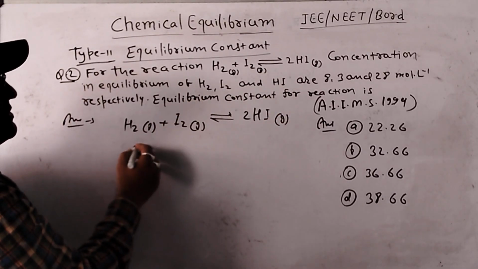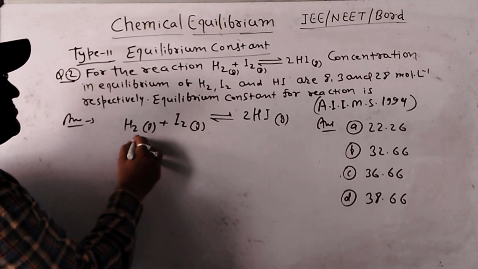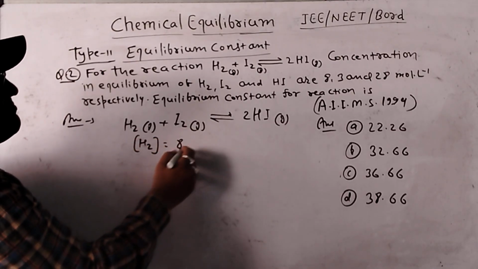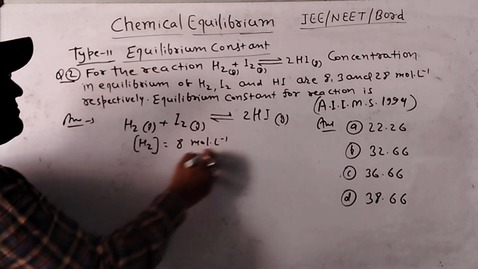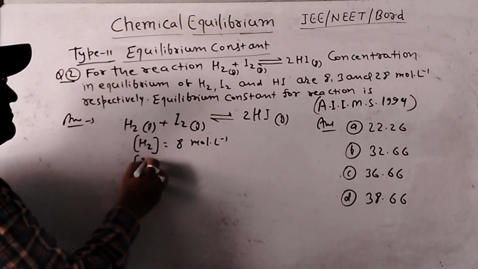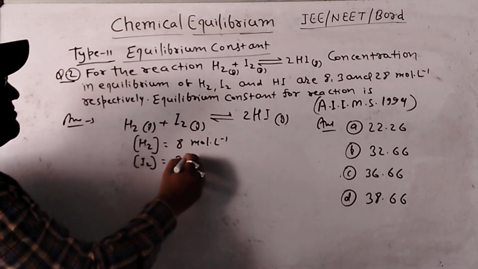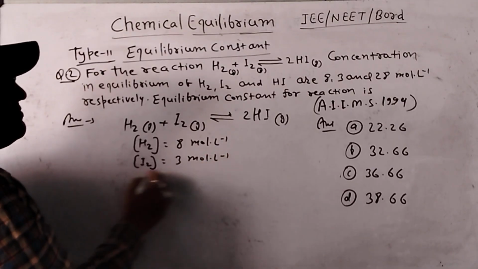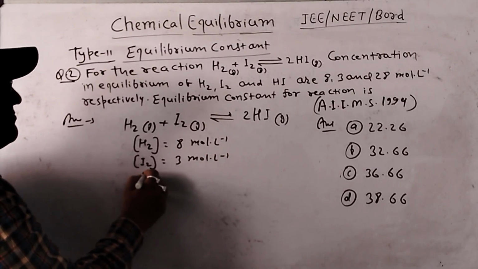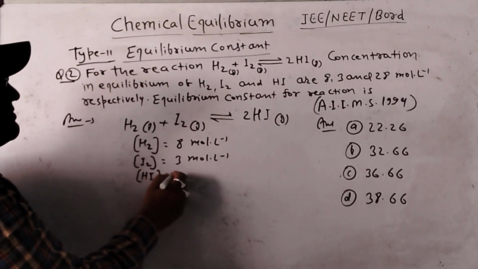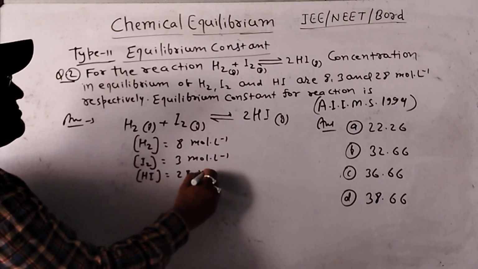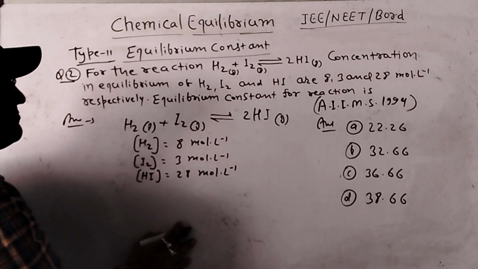Given that concentration of H2 is 8 mole per liter, concentration of I2 is 3 mole per liter, concentration of HI is 28 mole per liter.